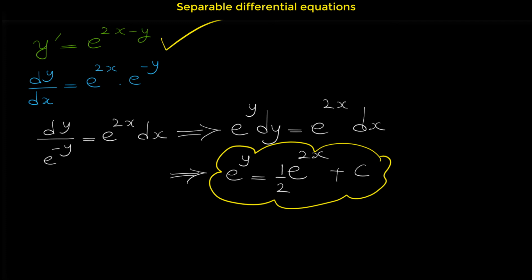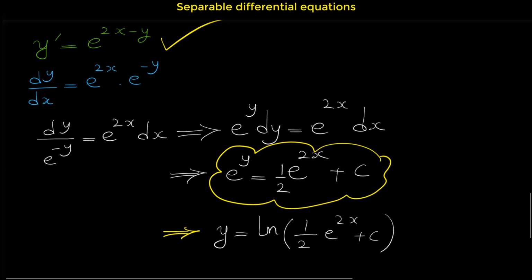But if you would like to write your answer in explicit form, if you want to find y explicitly, you can write your answer in the form of y equals ln of 1/2 e to the power of 2x plus c. How do we get from this to this answer?